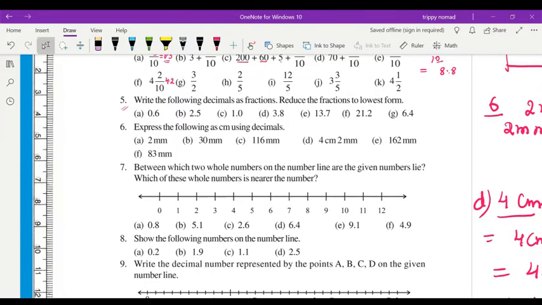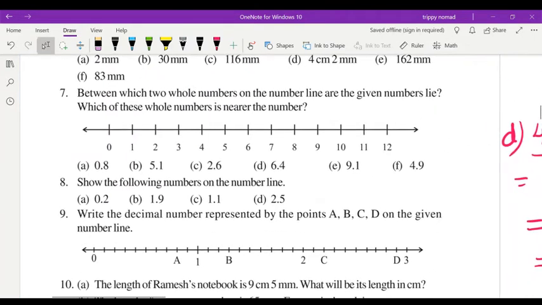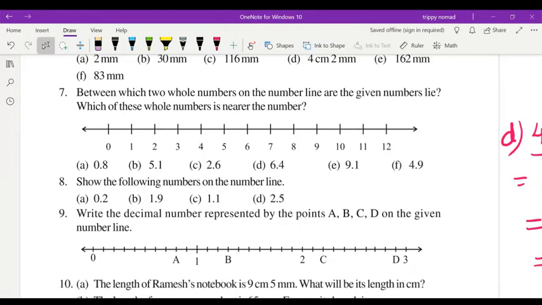Now children, question 7. Between which two whole numbers on the number line do the given numbers lie? Which of these whole numbers is nearer to the number? 0.8. Obviously it will lie between 0 and 1, and because between 0 and 1 there are 10 divisions, it will reach the 8th one. I am showing you this.